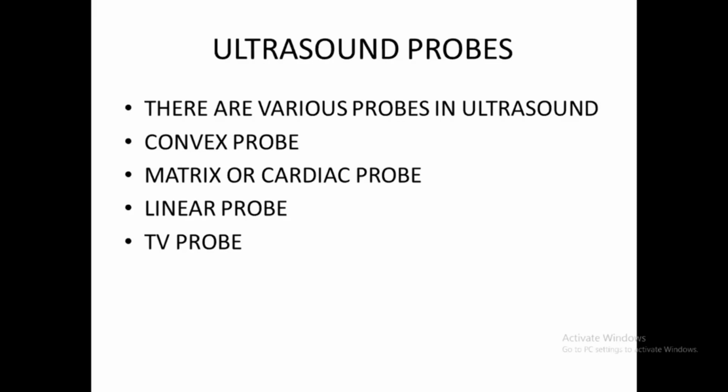Linear probe is widely used in the field of vascular studies. Then TV probe is the transvaginal probe. The transvaginal probe is meant only for the female reproductive system, and it is used only by gynecologists and obstetricians.